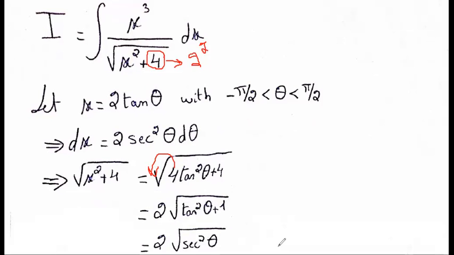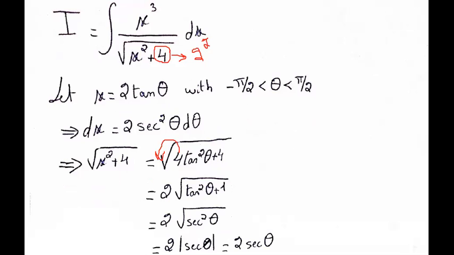So we get 2 square root of secant squared, which is the absolute value of secant. But since theta is between minus pi by 2 and pi by 2, secant is positive in this interval, which means the absolute value of secant theta is secant theta. So now we got rid of the square root by making radical x squared plus 4 to be 2 secant theta.